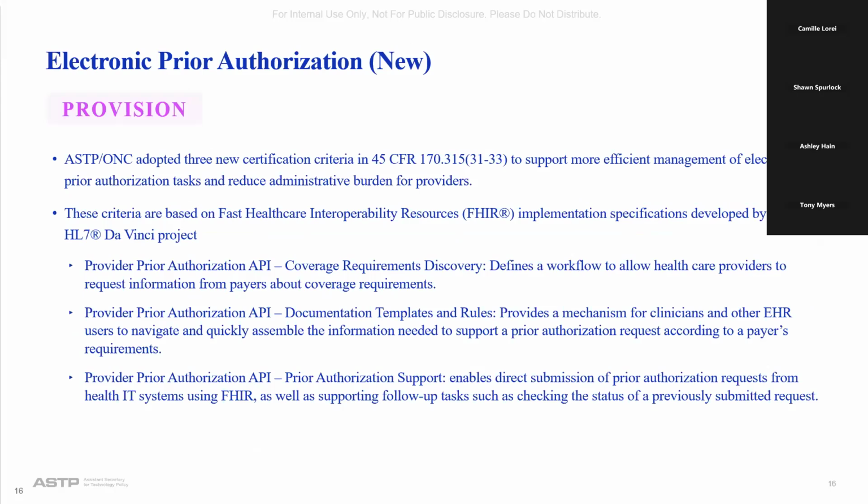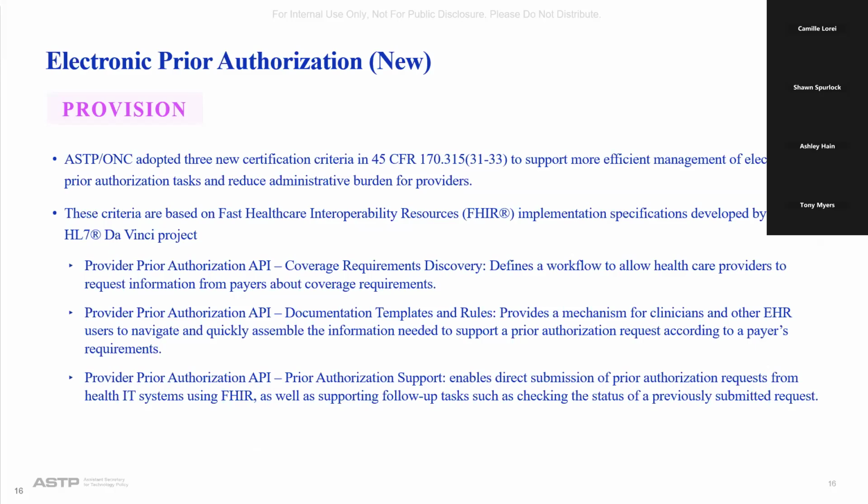Okay, so we adopted 3 new certification criteria through HTI 4, and that's 170.315(g)(31) through (33). Sorry about that, little typo. And we really did it to support more efficient management of electronic prior authorization and reduce administrative burden through the use of standards.